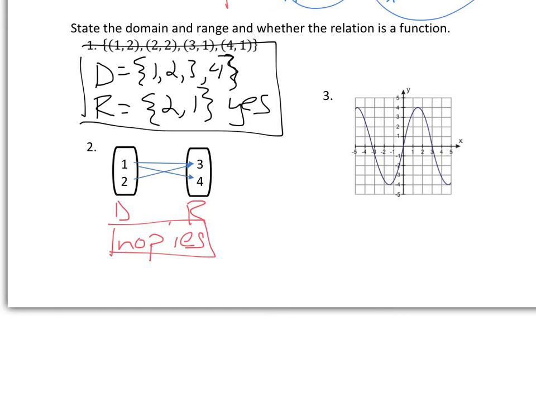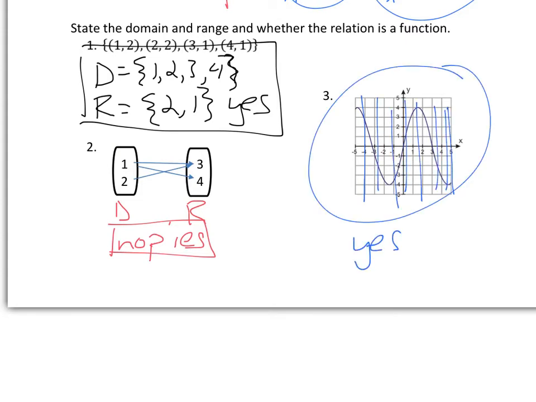Third one, vertical line test for a graph. All good? Yes, it's a function. Now, the domain and range, it's pretty unclear here. If I erase this stuff so we could see it, you can't exactly tell because there's no arrows on the end, but it looks to me like the domain is all reals.